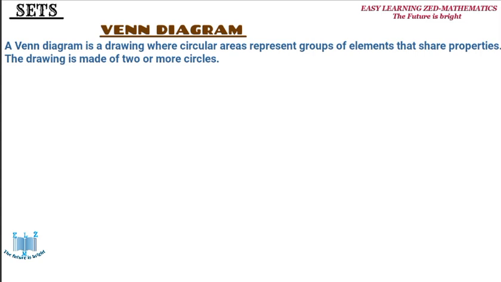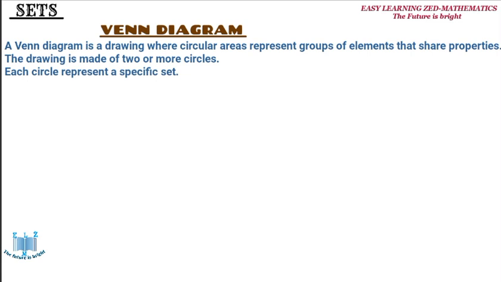The other thing is each circle represents a specific set. So when you look at a Venn diagram and you see maybe 4 or 5 circles, each circle represents a specific set. If there are 5 circles inside the rectangle or the universal set, then you should know that there are 5 sets.